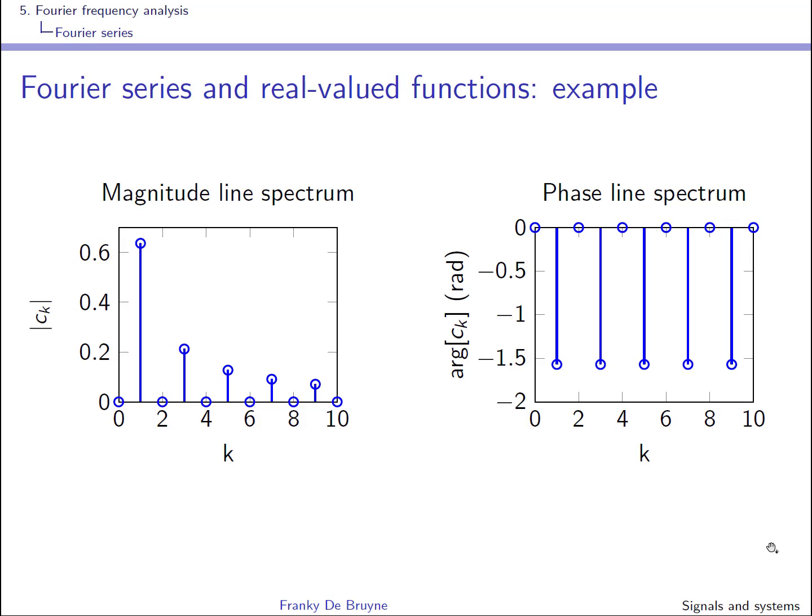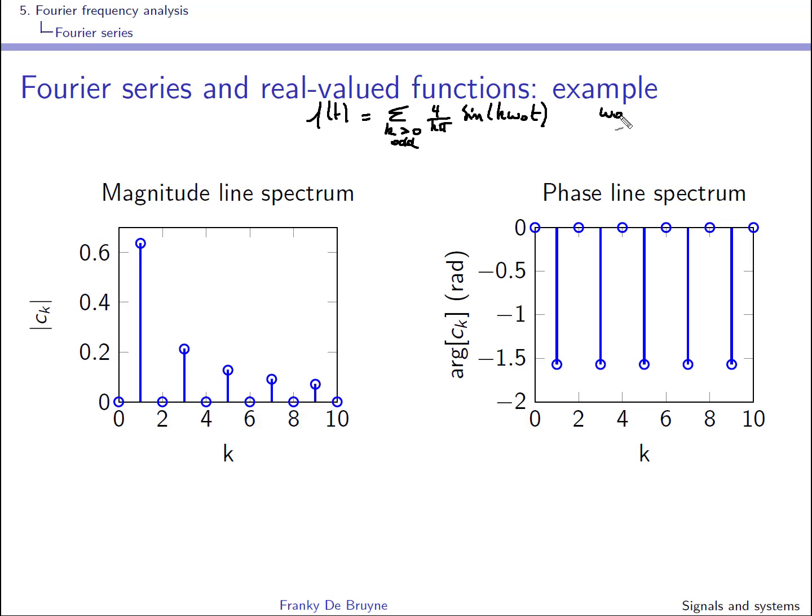So let us come back to our example, this periodic function switching between 1 and -1, and see now if we can use this magnitude line and phase line spectra to understand what is happening. So remember that we had decomposed f of t as a sum of positive but odd terms that involve 4 over k pi the sine of k omega 0 t.